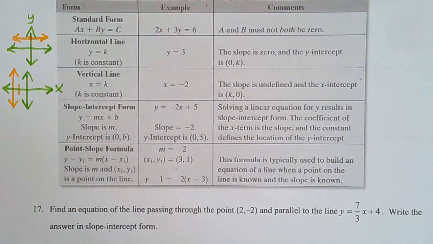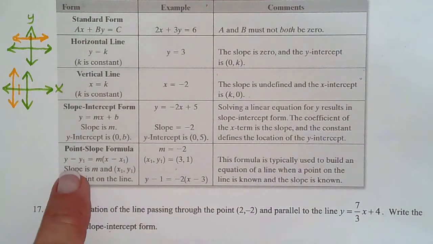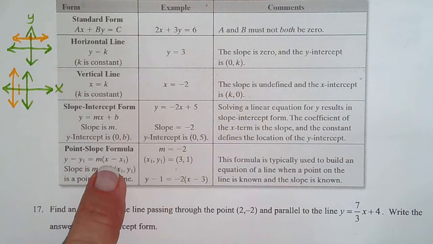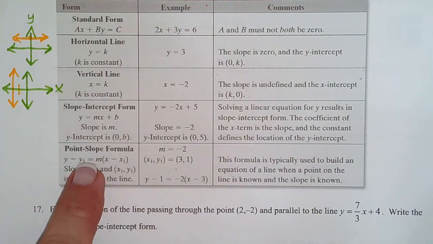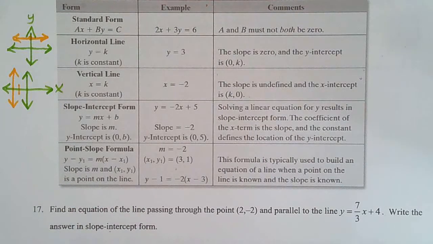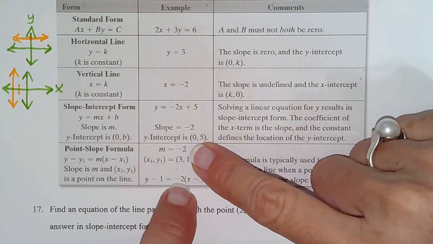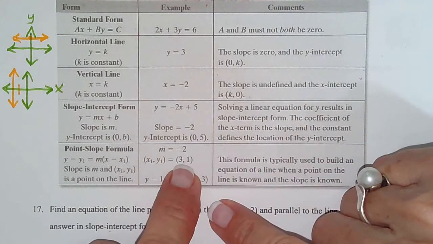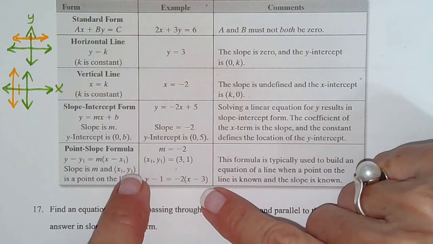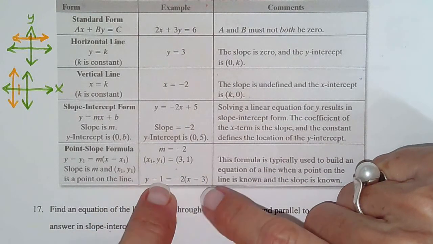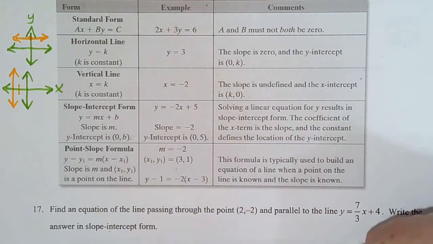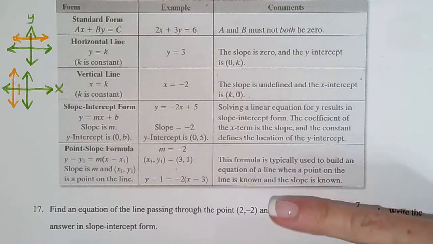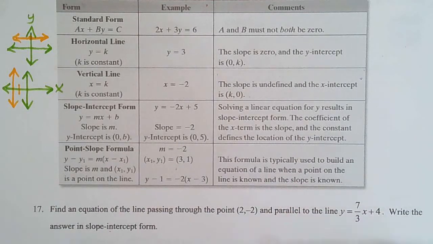And last, we learned about point slope form. Y minus y1 equals m times x minus x1. M is the slope, and x1, comma, y1 is a point on the line. So if we had a slope of -2, we plug that in, and we put 3 in place of the x1, and we put 1 in place of the y1. So this is building an equation, and usually we use this when the slope is known.